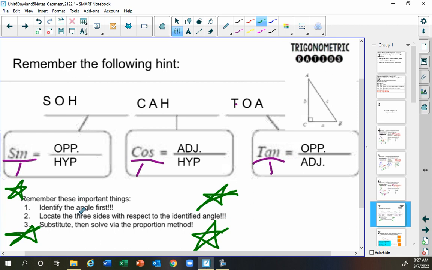Identify your angle first. Locate or identify the three sides with respect to the identified angle. And then substitute. Now, you're going to be asked, am I looking for a sine, cosine, or a tangent? And then you'd set up one of these three.